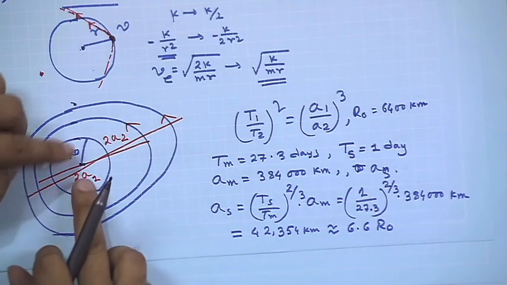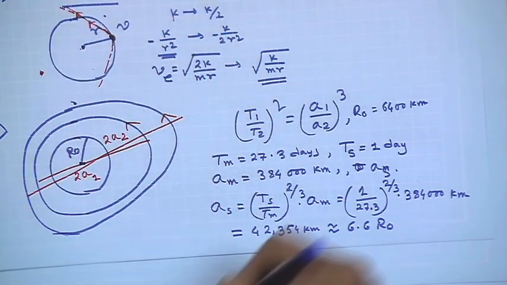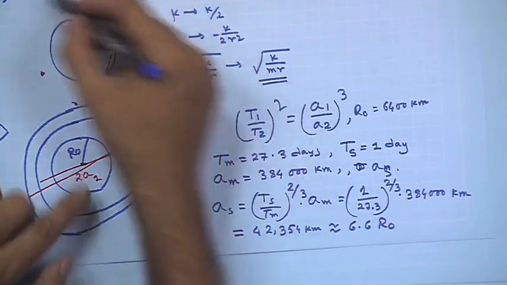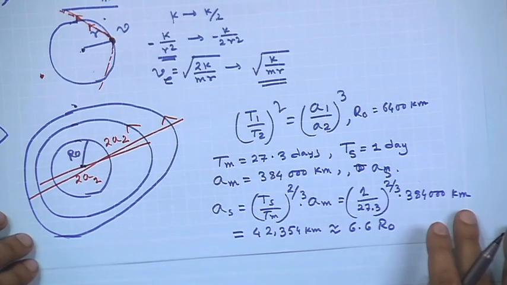So, if this is R0, then 6.6 R0 is somewhere above this height, where a geostationary orbit must rotate.